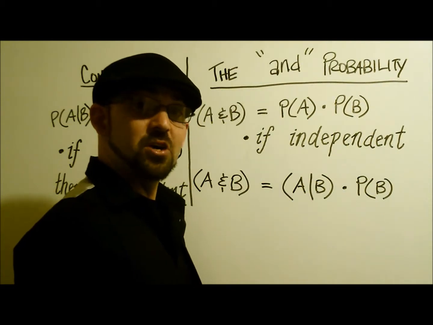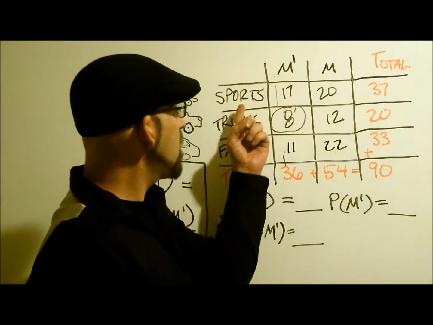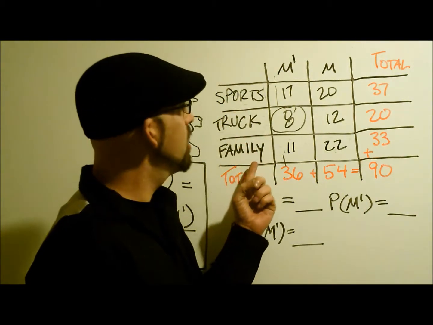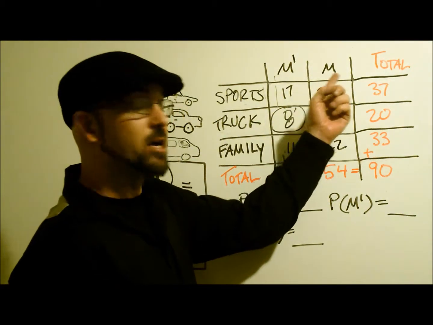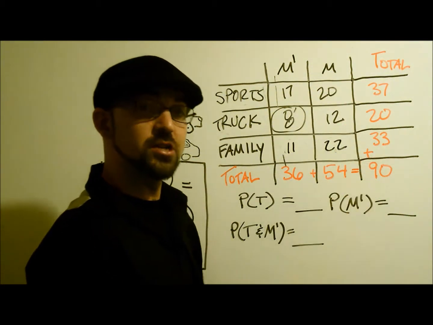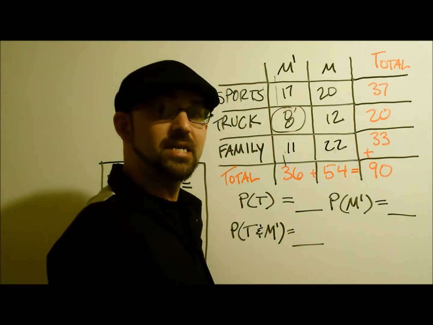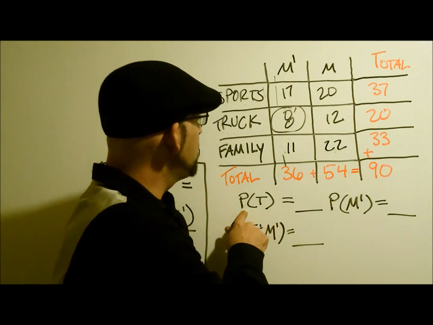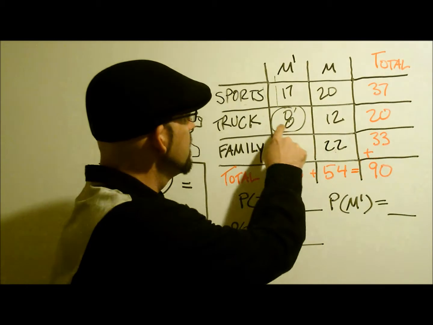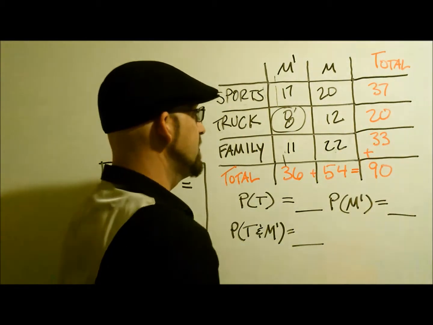So let's see how this works with numbers. Here's a conditional probability. We have a sports car, a truck, or a family car. We have a person that is not married and a person that is married. We have their totals, their grand totals, and all we have to do is see if they're independent of each other or not. Let's do this. The probability of having a truck is 20 out of 90.